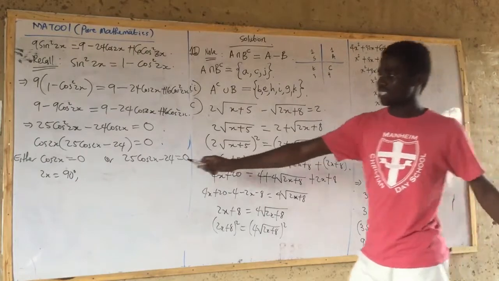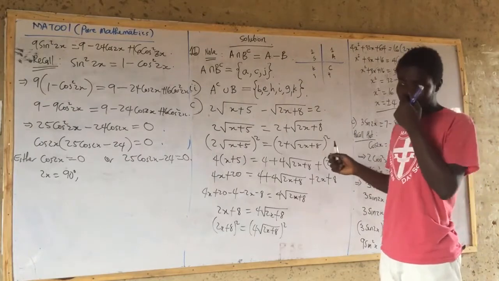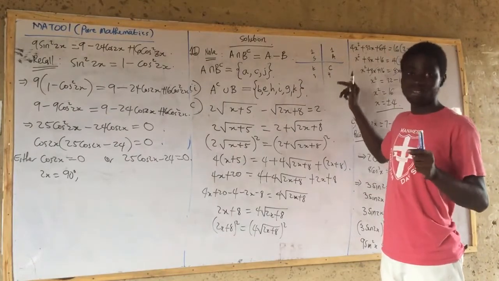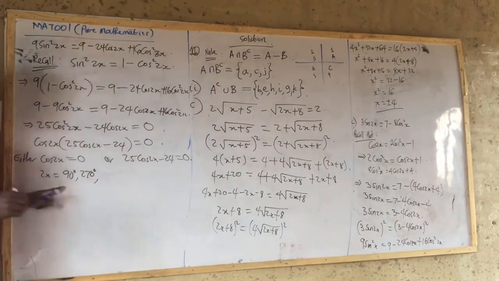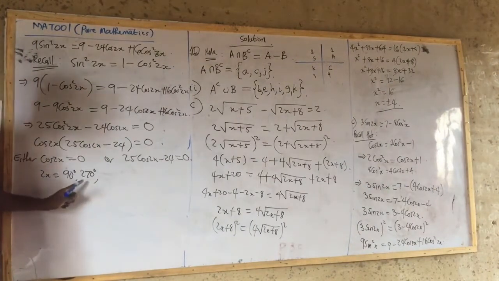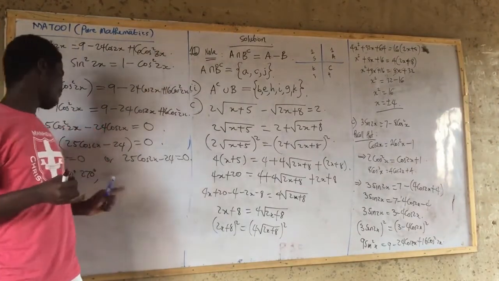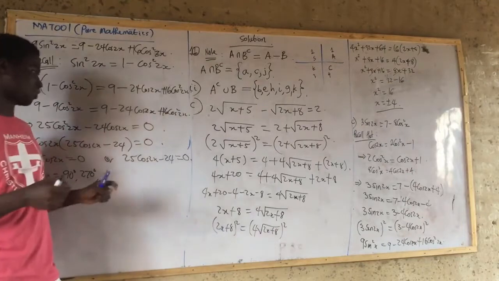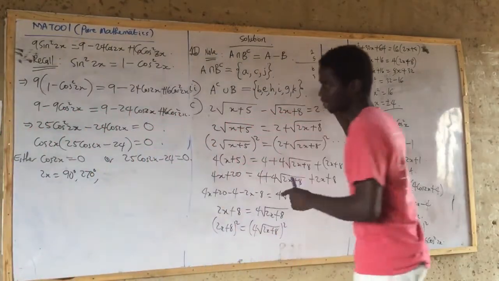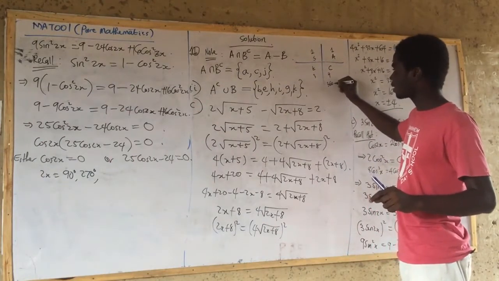So for you to have 0, you have 90. Another one you will need to know is 360 minus 90, which is 270. Cos 90 and cos 270 degrees will give me 0. If you press cos 90, you get 0. If you press cos 270, you get 0. How do I know? Your calculator will give you 90. Then for the fourth quadrant, what works is 360 minus theta.